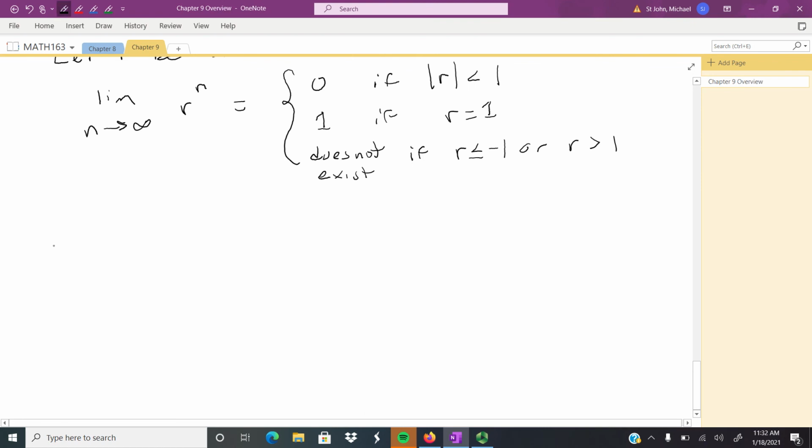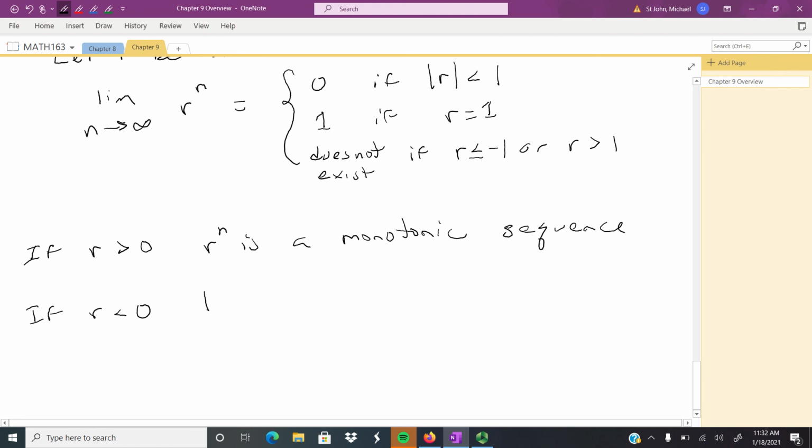Right? And a few other terms here. If r is greater than 0, r to the n is a monotonic sequence. Right? And if r is less than 0, then r to the n oscillates.